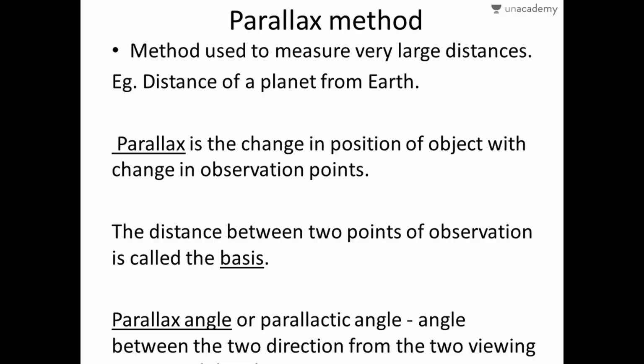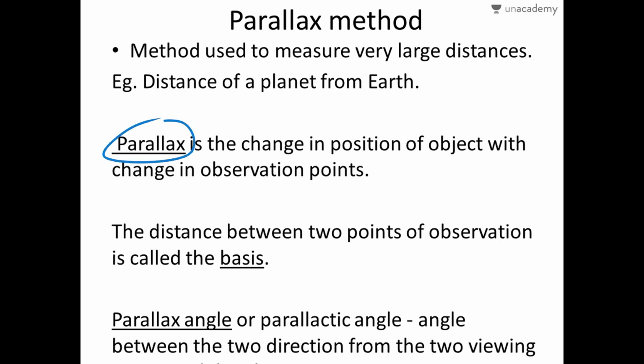Now this was for lengths which can be measured using a scale or any instrument. Coming to very large distances, the parallax method is used to measure very large distances like the distance of a planet or a star from Earth, which cannot be measured directly by a meter scale. And what is parallax?